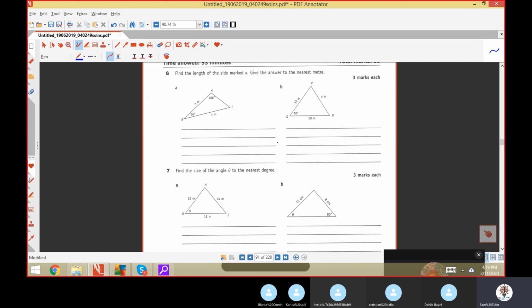It'll give you the formulas and standards anyways. The formula sheet? Yeah. You just need to know how to use them. Find the length of the x. Okay.